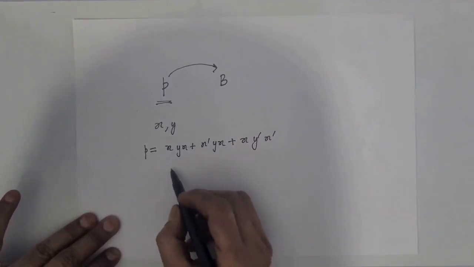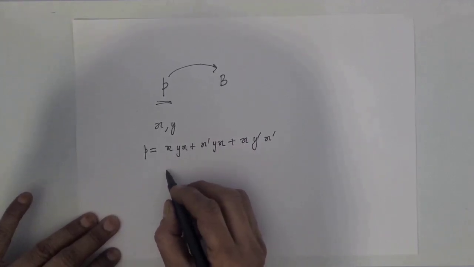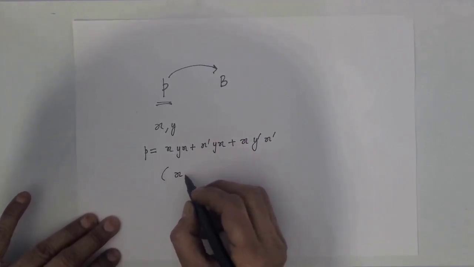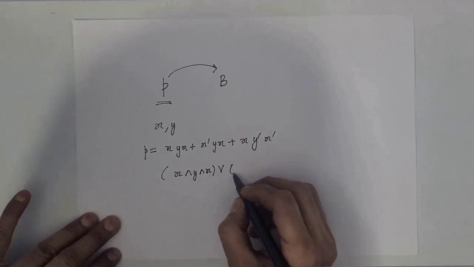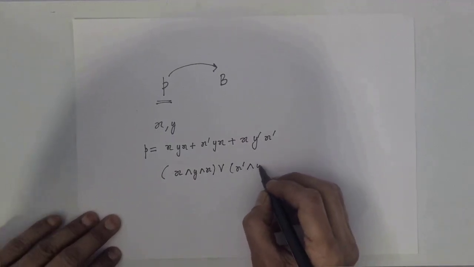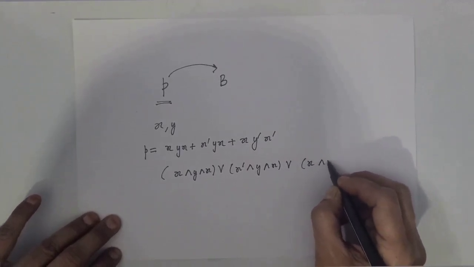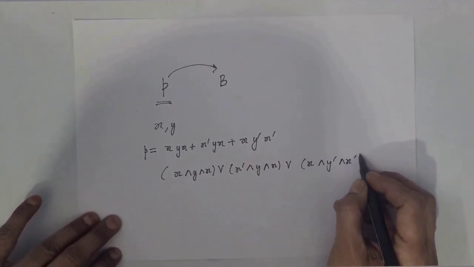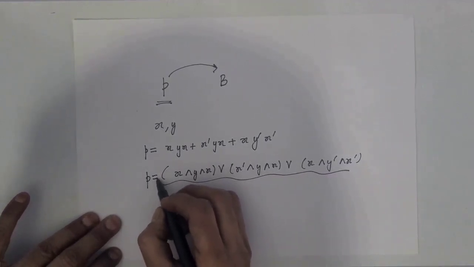In terms of the join and the meet notation, this Boolean polynomial is the same as x meet y meet x, then join x dash meet y meet x, and then join x meet y dash meet x dash. So in terms of join and meet, the Boolean polynomial P can be written like this.